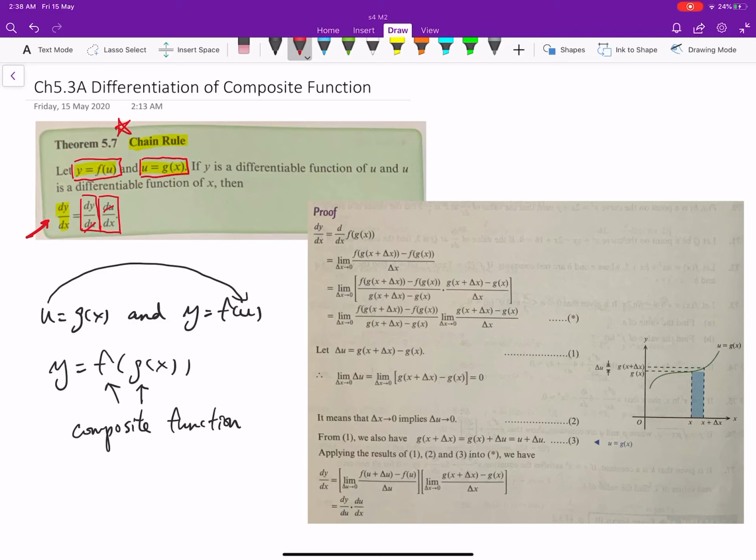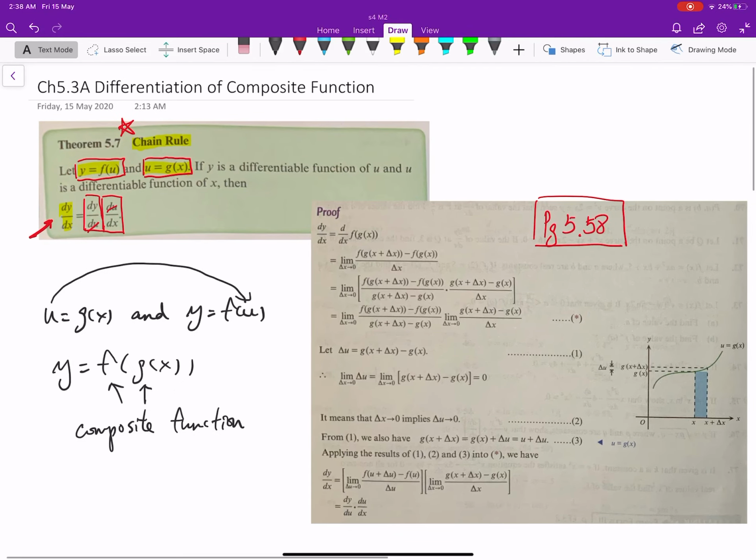As for the proof of this theorem, I won't spend time going over it here. If you are interested in the proof but you are not understanding, we can have more discussion after school resumes. And if the wording is too small, maybe you can have a look on page 5.58 in our textbook.